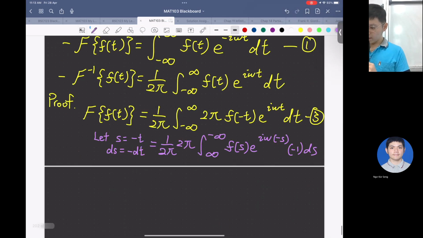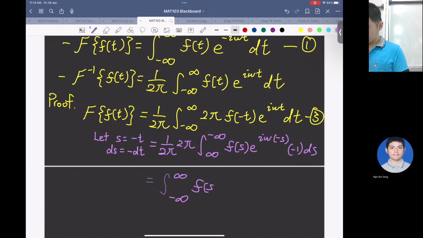Okay. So you got a minus sign here. Instead of the minus sign, you can swap the integration interval from minus infinity to infinity. Okay.